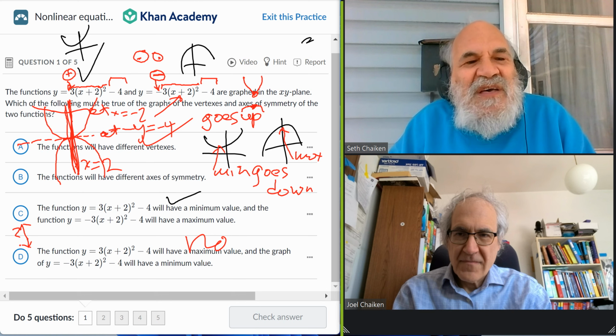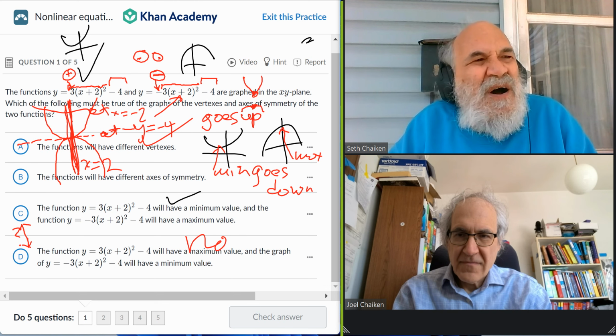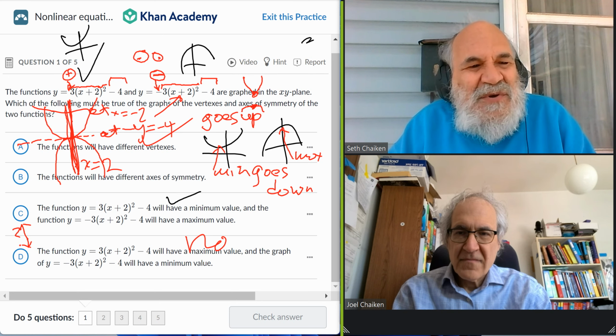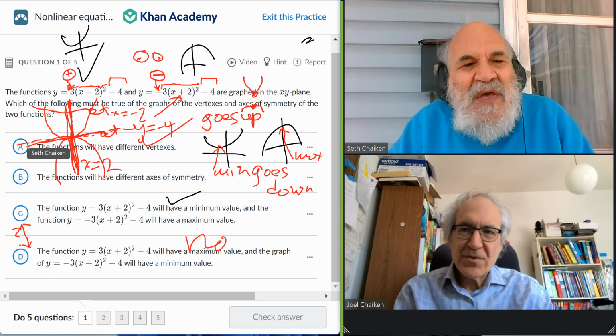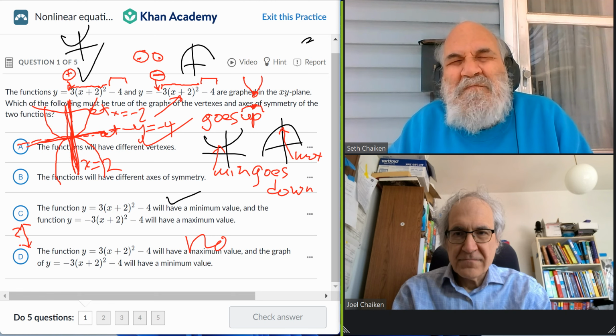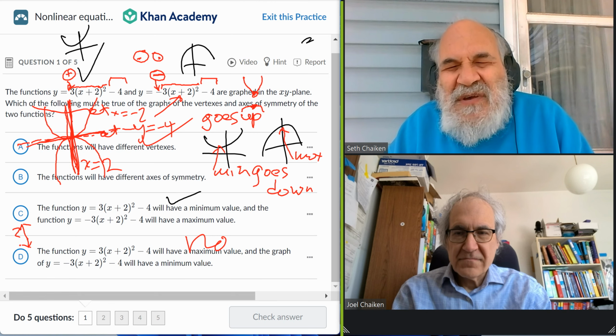And the top one and the bottom one are horizontally symmetric, and they also have a vertical axis of symmetry. So they both have 2 axes of symmetry, and the 2 axes of symmetry are respectively the same.